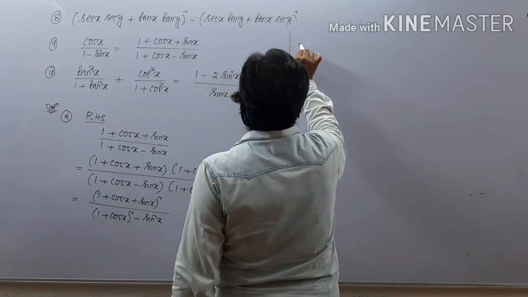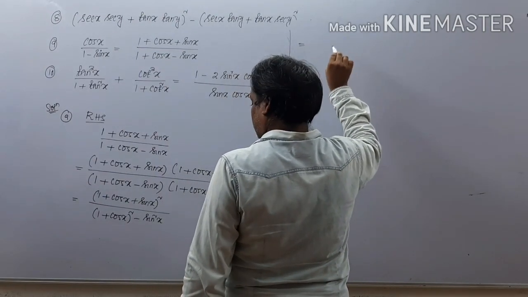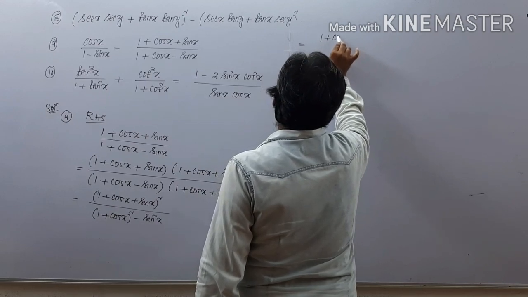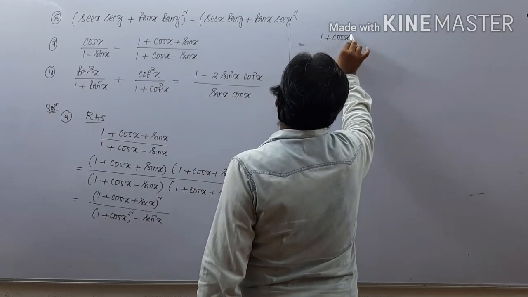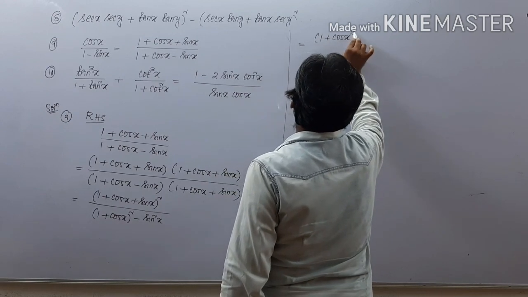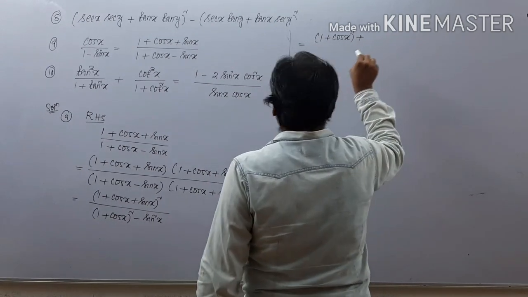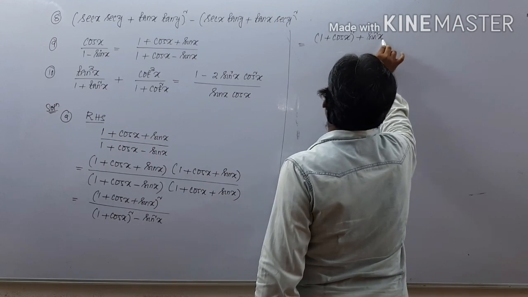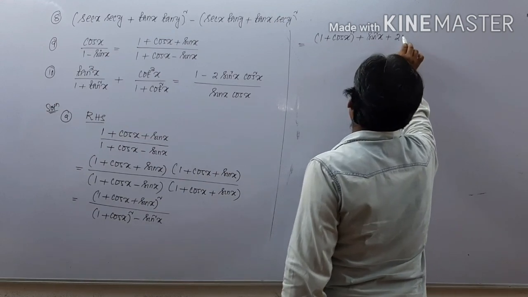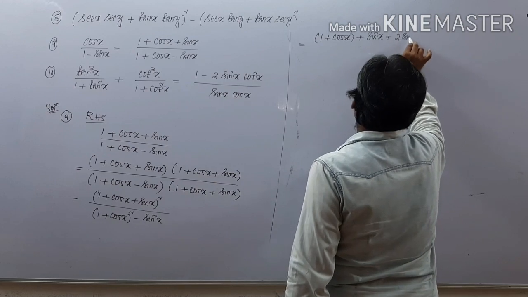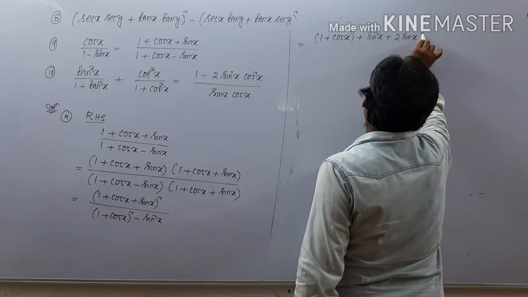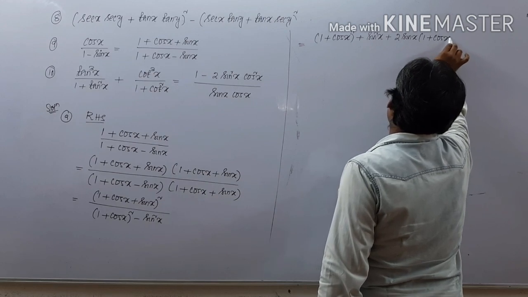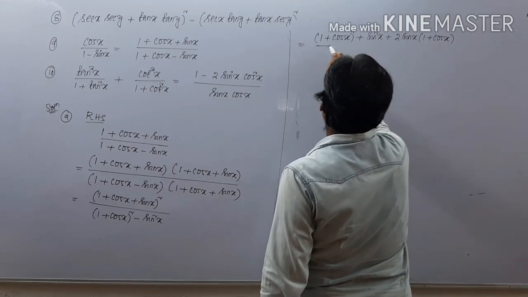So in the numerator, I will take 1 plus cos x whole square plus sin square x plus 2 sin x multiplied to 1 plus cos x, right?